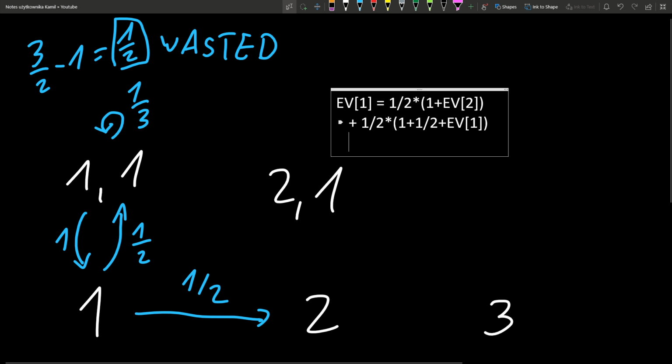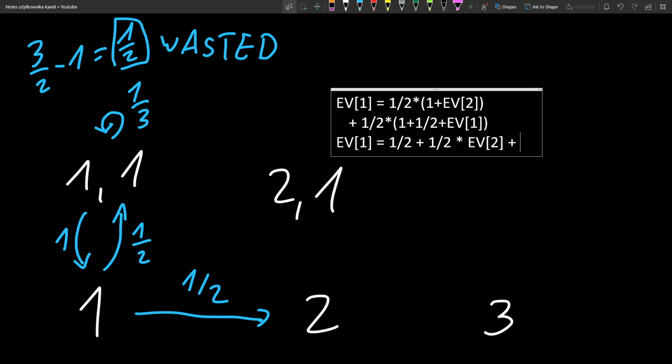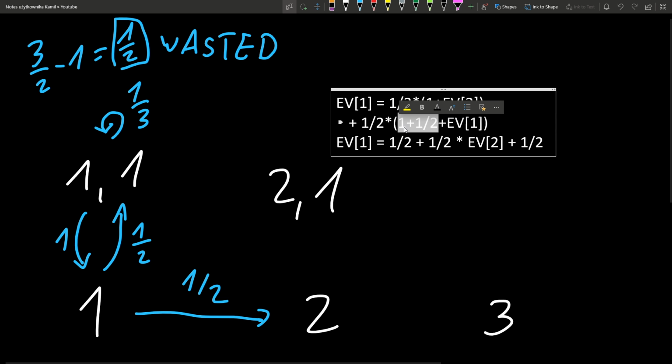Okay. From this we will get EV of 1 is half plus half times EV of 2. I don't know if that's better to write. Plus another half, another 1/4. So in total it's 3/2, 3/4. Plus EV1 over 2.